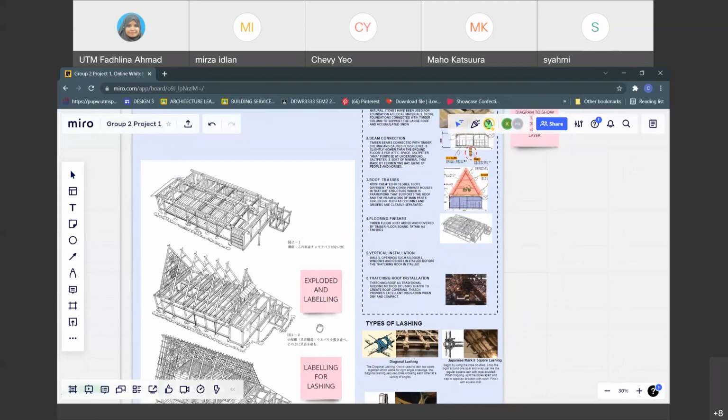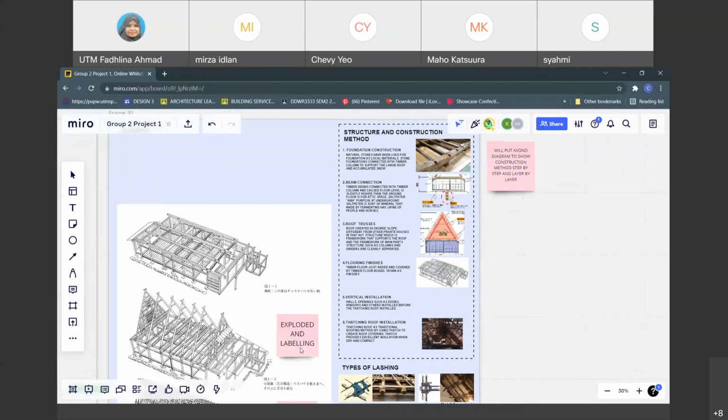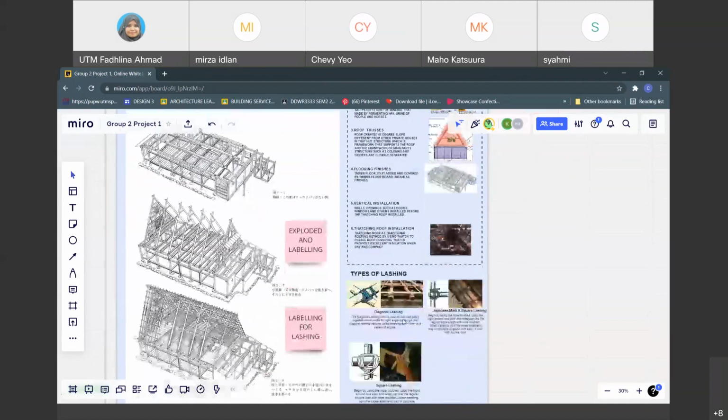How about the things that they use in order to construct this building? Like the Masjid Telok Manuk before this, they used chisel, hammer, and tools, and also how do they do the tanggam? Oh, they are not using any nails, right? They are only using the lashing, is it?